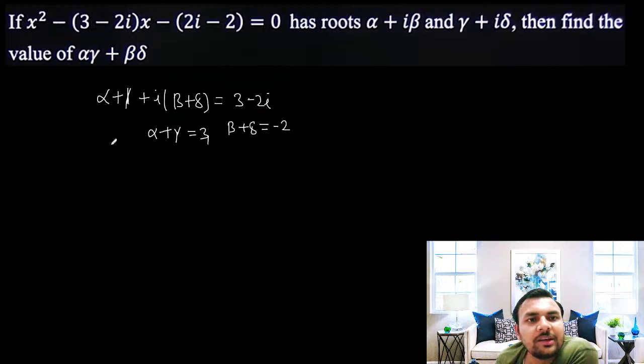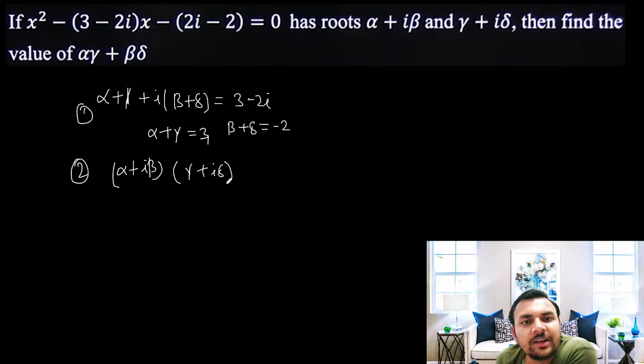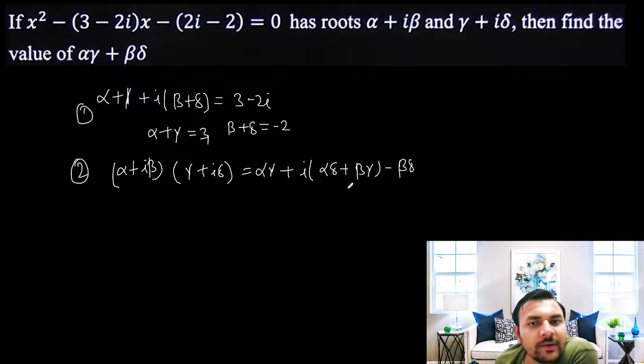And if we multiply the first and second, alpha plus iota beta and gamma plus iota delta, it is alpha gamma plus iota alpha delta plus iota beta gamma minus beta delta, and it is equal to 2 minus 2 iota.